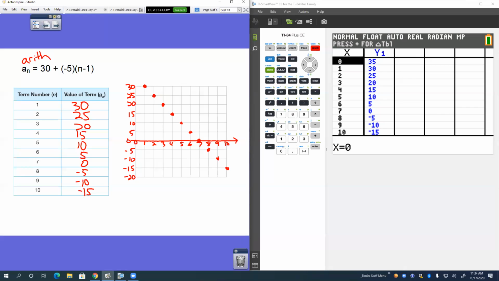Because it's arithmetic, it is graphing in a straight line. This one is going down, obviously, right? Because our values are decreasing. We're going down by 5 each time, so it forms a straight line. So remember, geometric are going to be exponentially curved, and arithmetic are going to graph as straight lines.